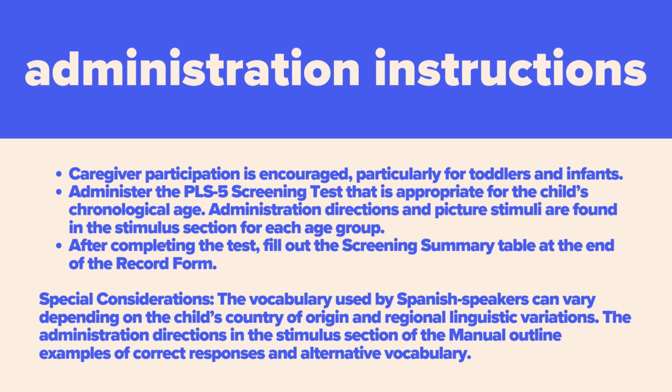Lastly, when you complete the screener, you should fill out the screening summary table at the end of the record form. When administering the screener to Spanish-speaking children, it is important to remember that the vocabulary can be different depending on the child's country of origin and regional linguistic variations. Examples of different correct responses and alternative vocabulary can be found in the stimulus section of the manual.